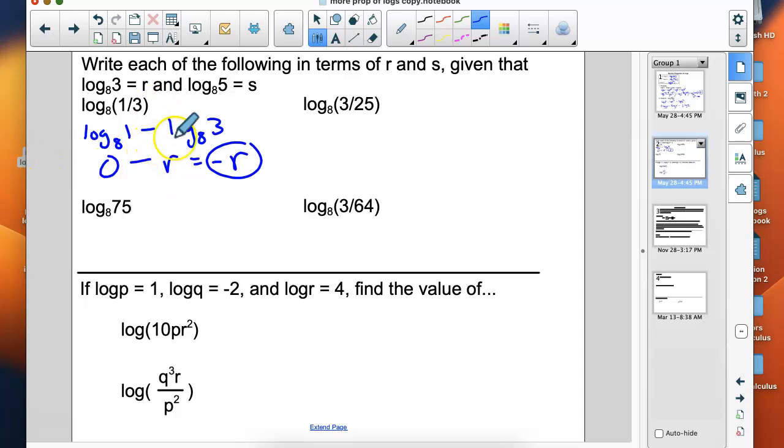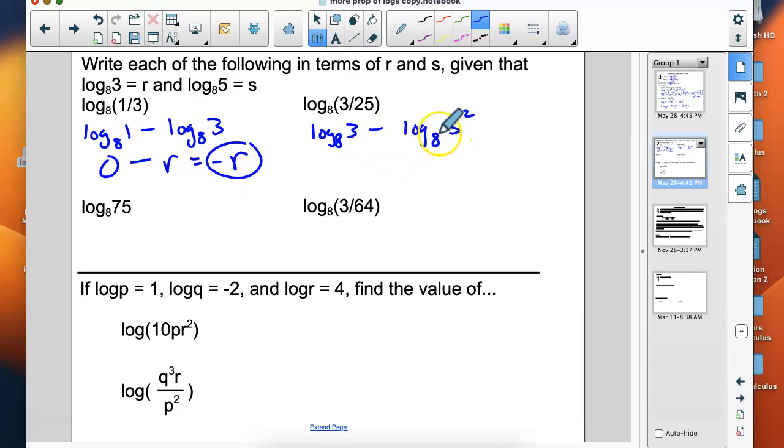Okay, if that one didn't make sense to you, watch this a couple more times, you'll start to see what I'm doing here. So this one I'm going to separate: log base 8 of 3 minus log base 8 of 25. 25 is a little bit tricky because 25 is not one of the numbers I have here. I have 3's and 5's. But 25 is the same as 5 squared.